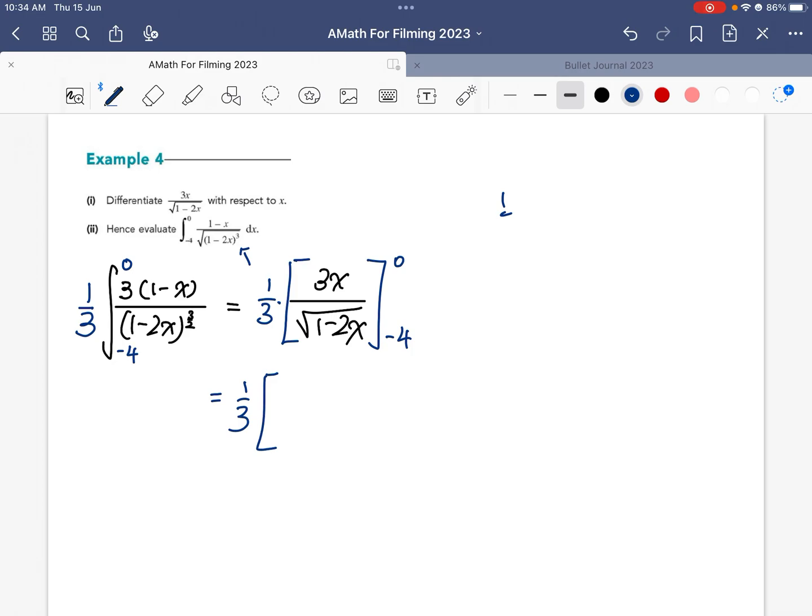So 3 times 0 is 0 over square root of 1 minus 0, minus 3 times negative 4 is negative 12 divided by square root of 1 minus 2 times negative 4, which gives the square root of 9. If you calculate everything, what you should get is 4 over 3.